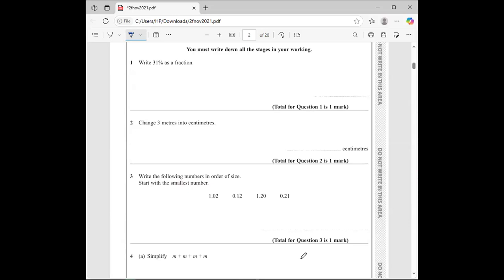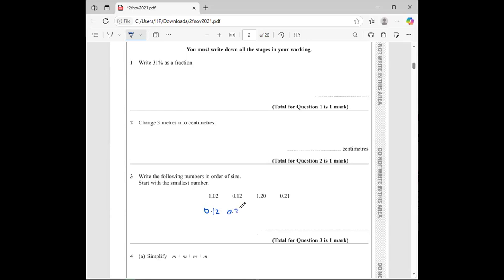Write the following numbers in order of size, starting with the smallest number. So what's the smallest number in this one? 0.1, the second one. Yes, this one. So this one will come first. 0.12. Yeah. Which one comes next? 0.21.